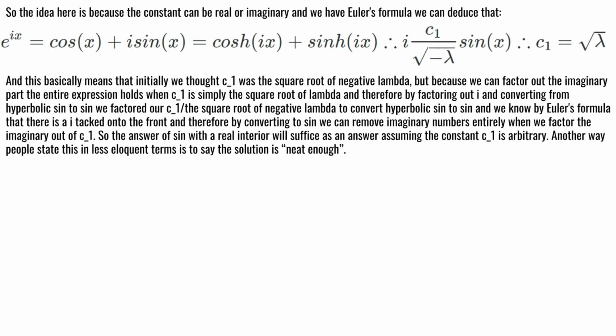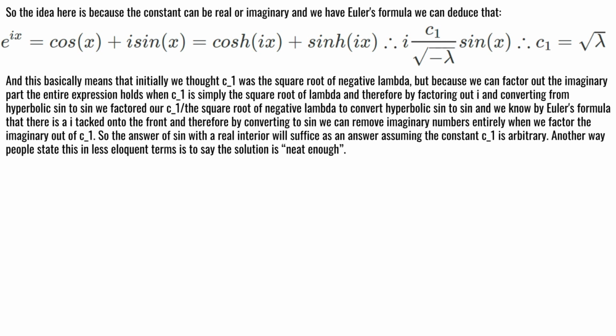We can assume that c sub 1 is an arbitrary constant, and c sub 1 in our recursive formula doesn't involve i. So it can be factored into the terms. We can factor out the imaginary part entirely. It's just the square root of lambda. The terms alternate, and thus we can factor out the imaginary part entirely in the series.